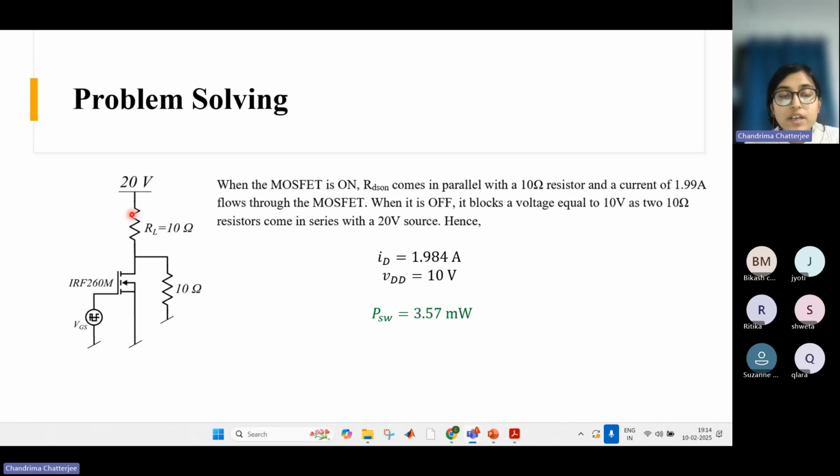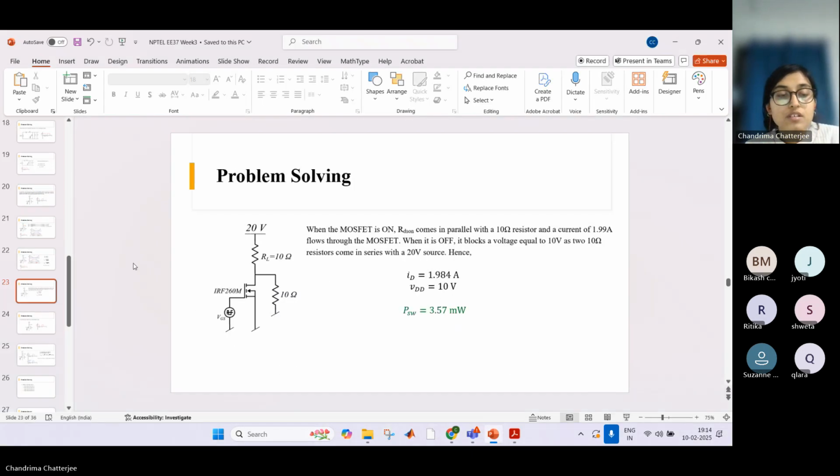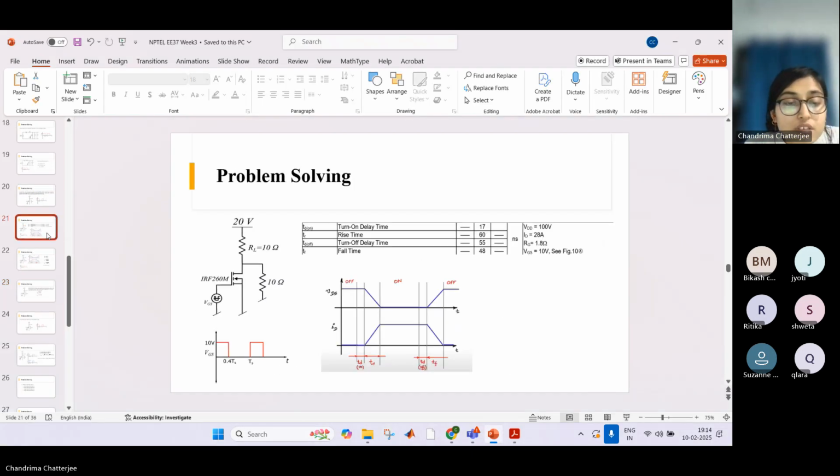If you just look at this circuit, when we are providing the gate pulse, let me just show you the gate pulse here also. This is the gate pulse.